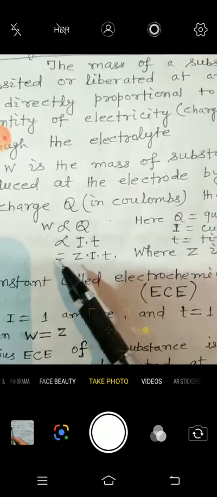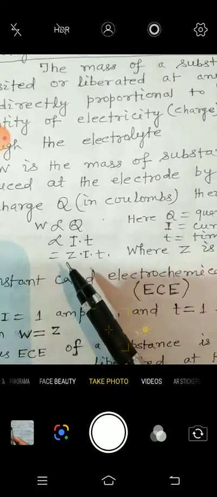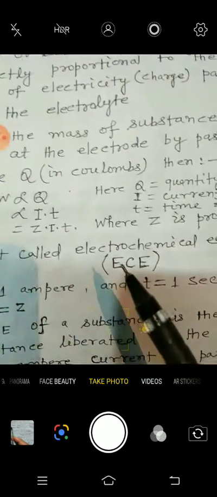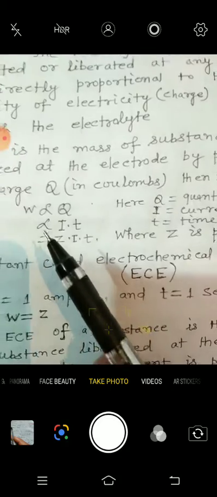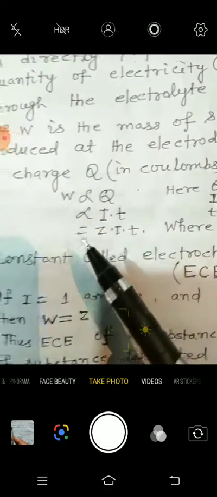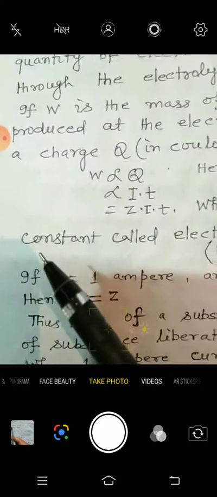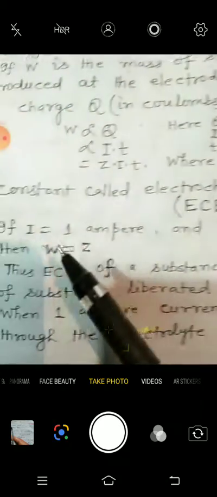It becomes W equal to Z I t, where Z is the proportionality constant, which is called the electrochemical equivalent.